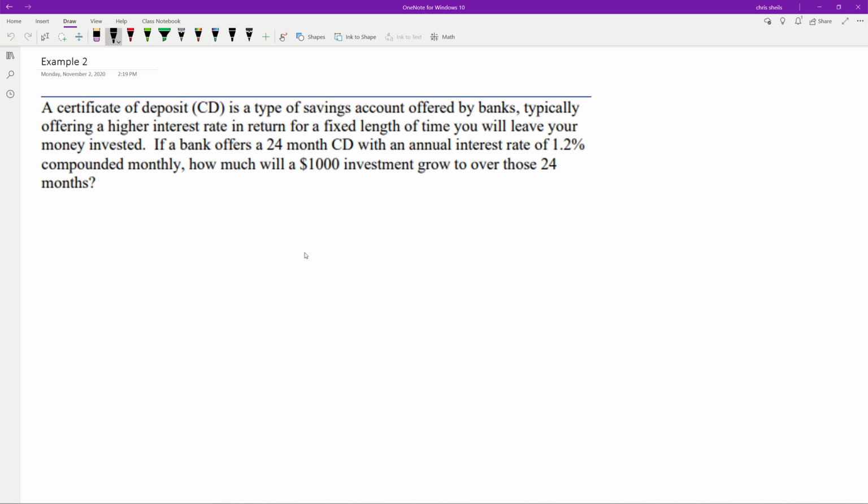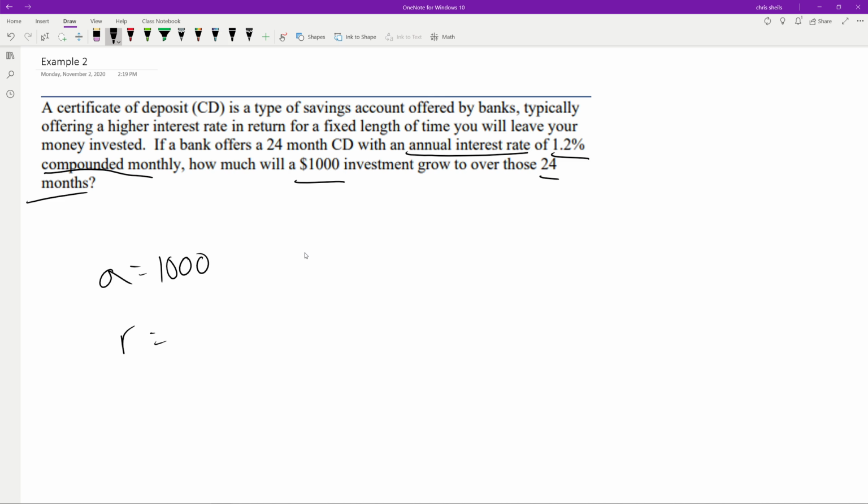Okay, so we have a few bits of information here. We have a $1,000 investment, so I know that my initial value is 1,000. I also have some amount of time here, right? And I have a growth rate. But notice this is an annual interest rate, and it's being compounded monthly.